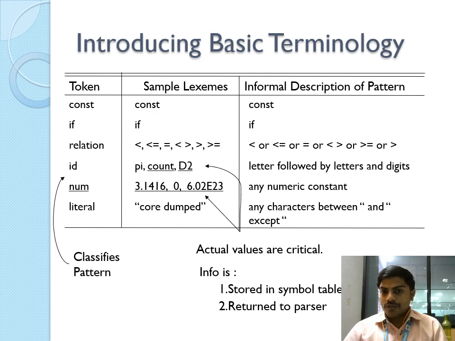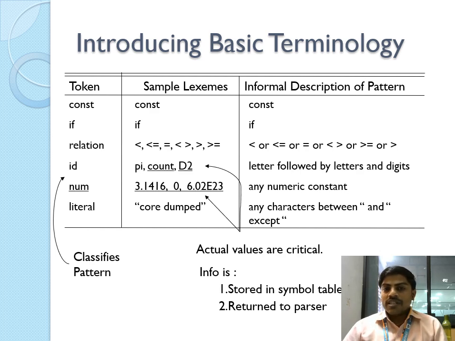And look at the fourth row. The pattern states a letter followed by letters or digits is considered to be an identifier in the first column as a token. It can appear in the program as pi, count, d2. Any group of characters which starts with a letter followed by letters and digits is considered to be the token identifier.